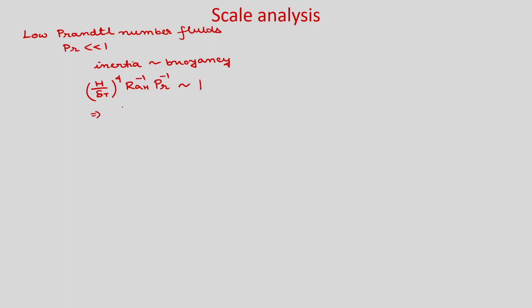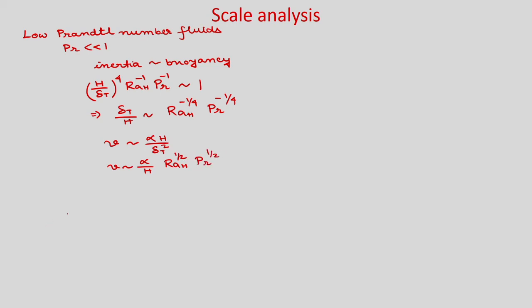So, from here you can see delta t by h will be order of Rayleigh number h to the power minus 1 by 4, Prandtl number to the power minus 1 by 4. Okay. So, this is your delta t by h, and what will be the scale for velocity v? V will be alpha h by delta t square. So, v will be order of alpha by h, Ra h to the power half, Prandtl number to the power half.